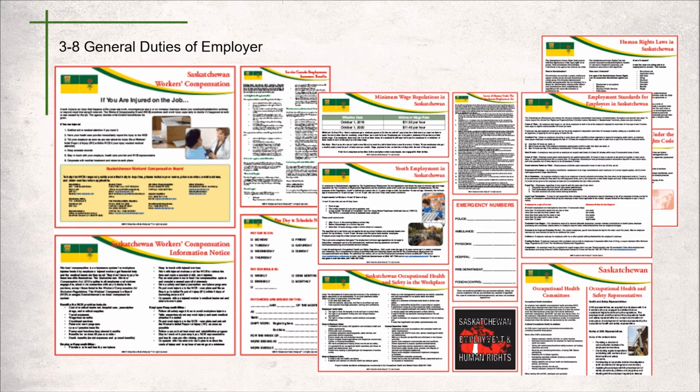Make sure workers have the information, training, certification, and supervision and experience to do their jobs safely. Consult and cooperate with the Occupational Health Committee or representative. Ensure workers are not exposed to harassment in the workplace. Ensure that legal, health, and safety requirements are met, just to name a few.